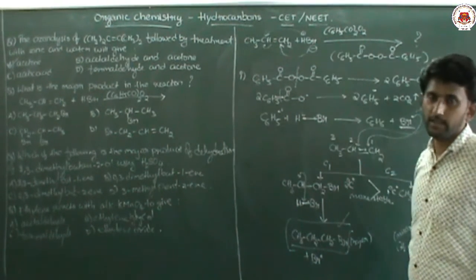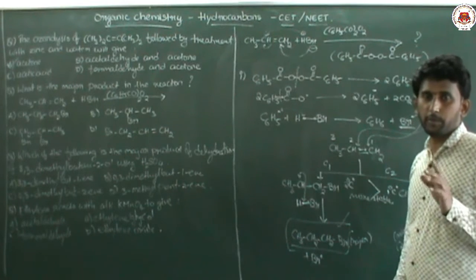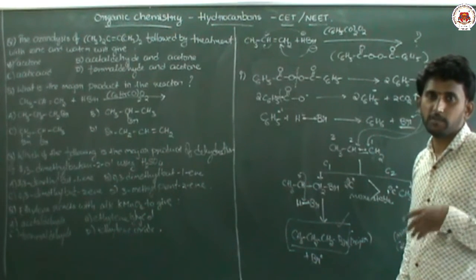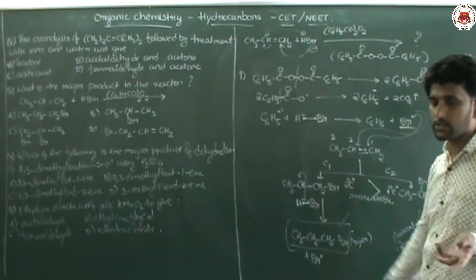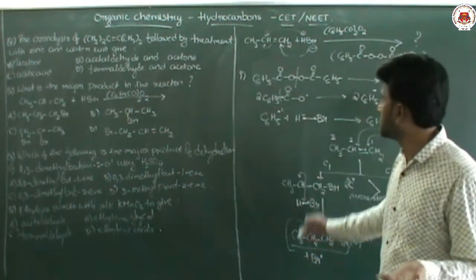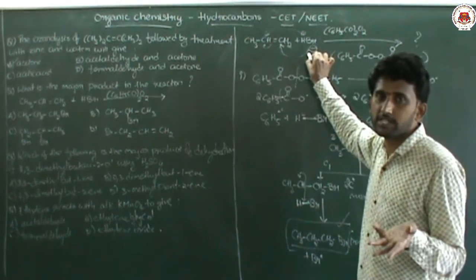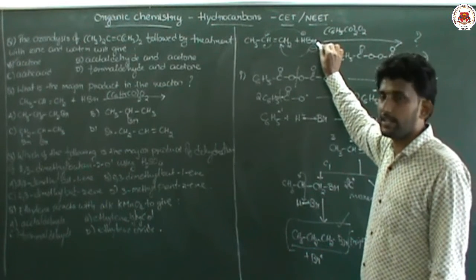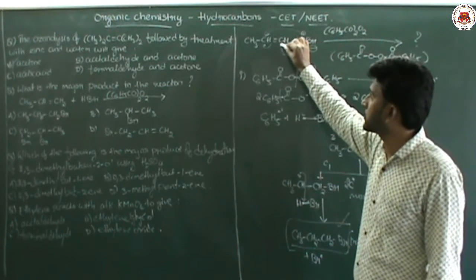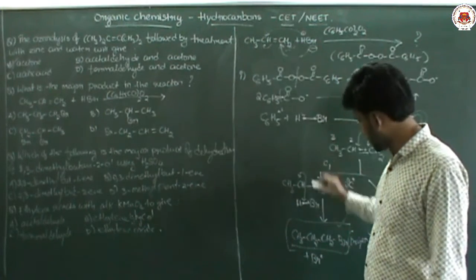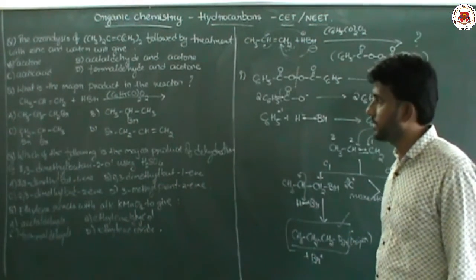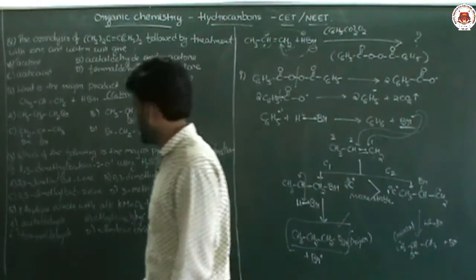Without peroxide, 2-bromopropane is the major product according to Markovnikov rule. If peroxide is there, then it follows the anti-Markovnikov rule. So what does the anti-Markovnikov rule state? The negative part of the reagent attaches to the sp2 carbon that contains more hydrogen atoms. That's why 1-bromopropane is the major product.